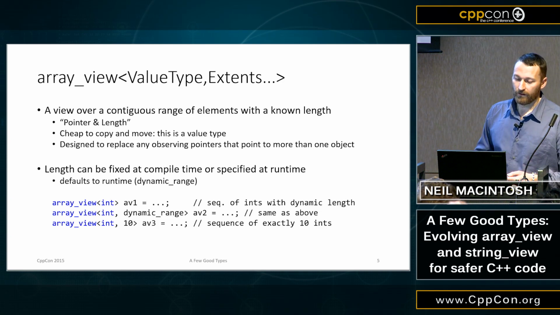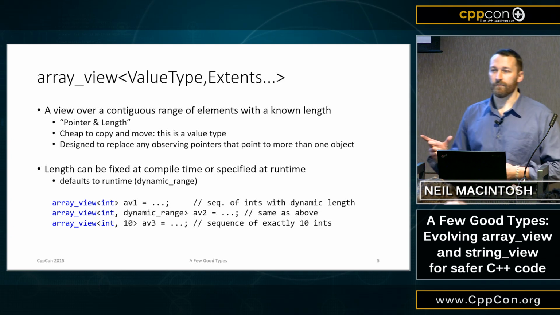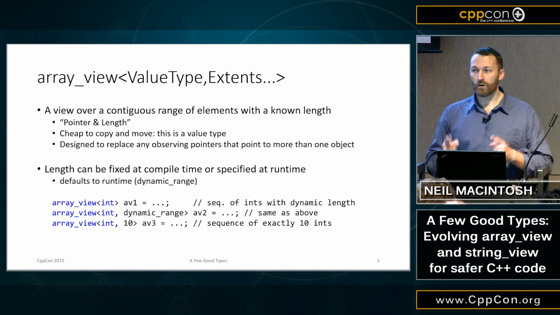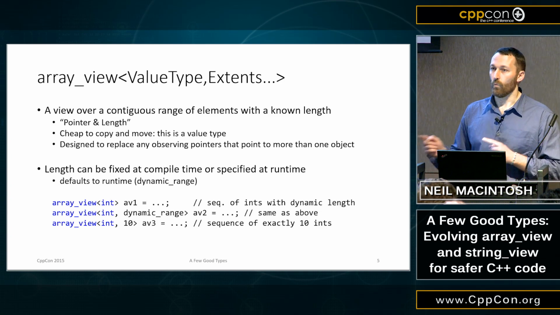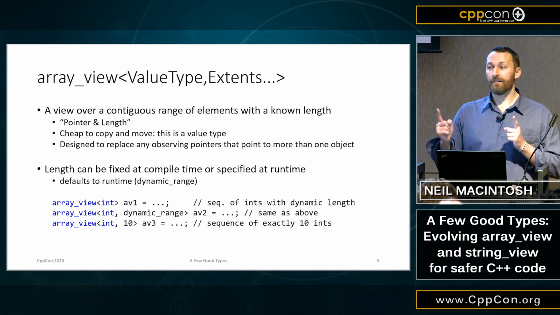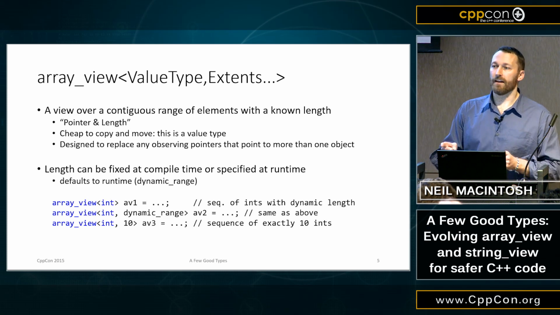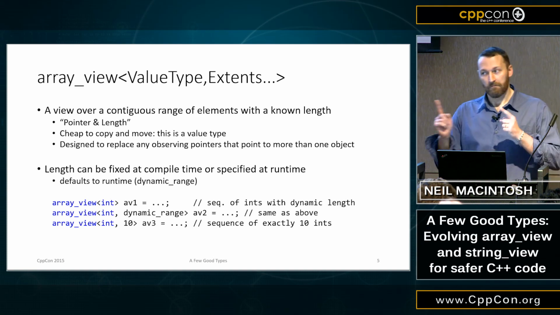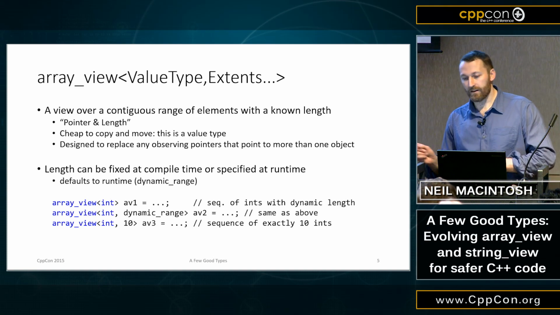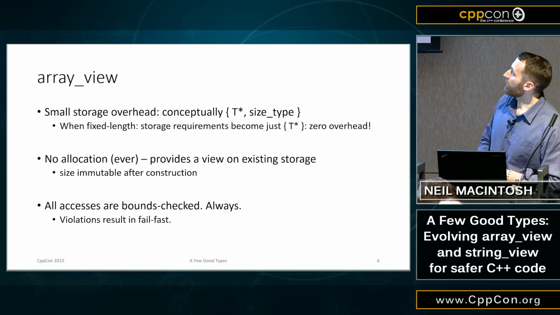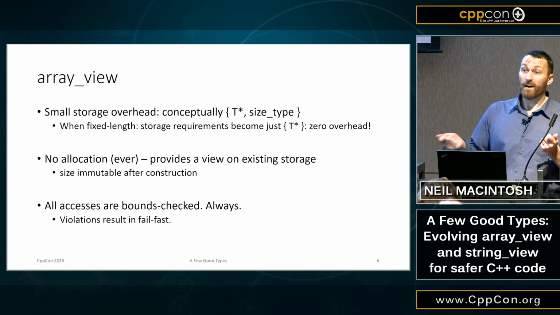The third example, array view of int 10, AV3, is a fixed size array view. And it turns out it's really useful, especially in systems programming, to be able to talk about fixed size buffers. Why? Because it's really, really efficient to know that a buffer is a certain length when you're passing it down a chain. Plus, as we'll see in subsequent slides, if you have an array view that has a fixed size, you're only passing the pointer around.